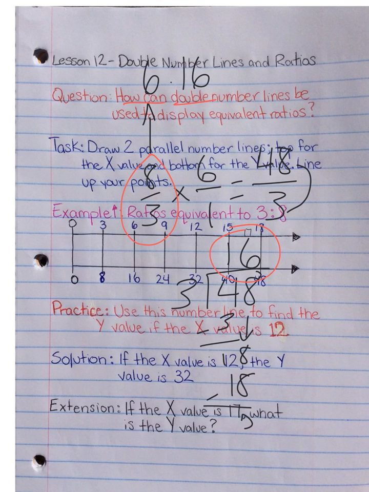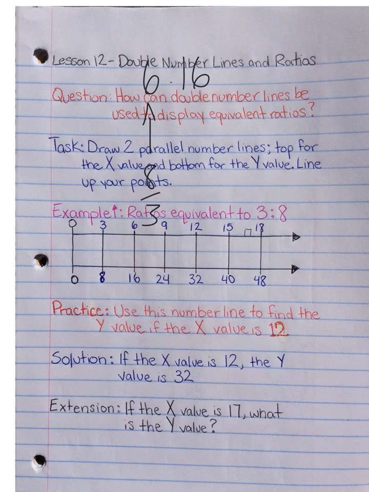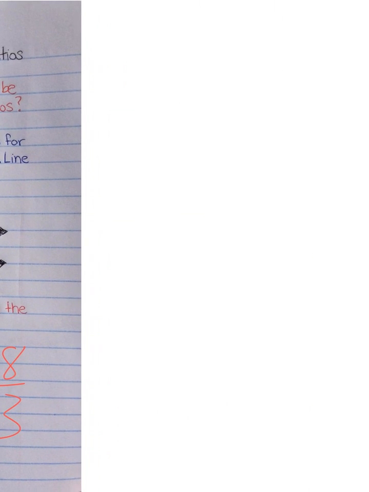So let's backtrack here. If we are trying to figure out the y value for an x value of 17, all we do is take this 17, multiply it by our constant of 8/3, and see what we come up with. So, give ourselves some room over here.